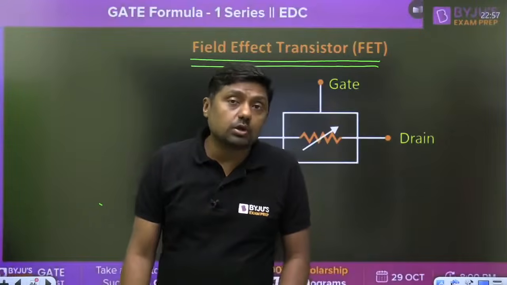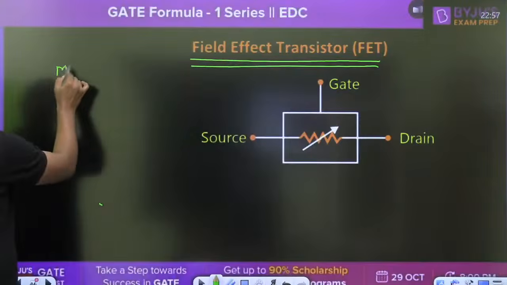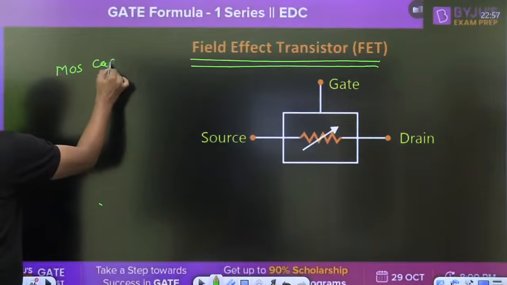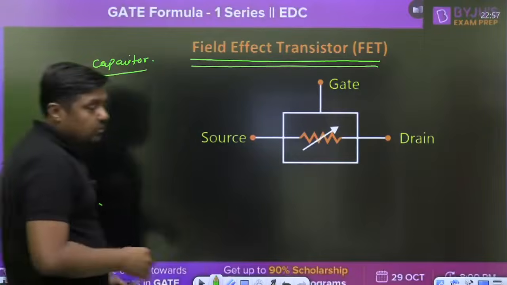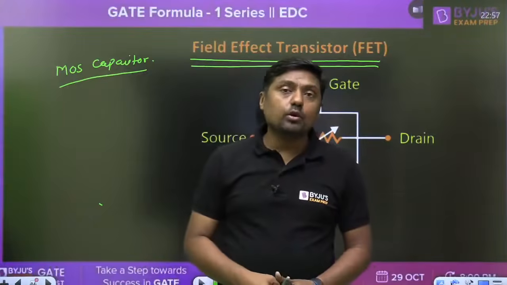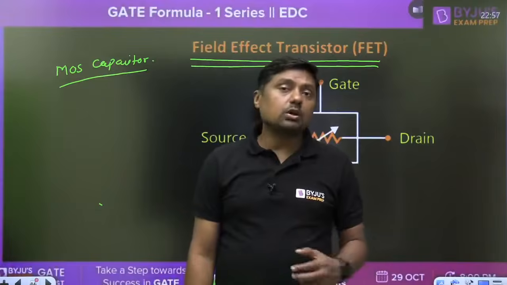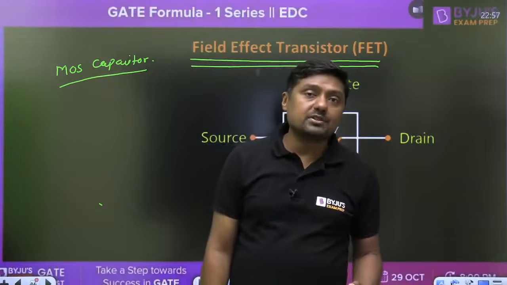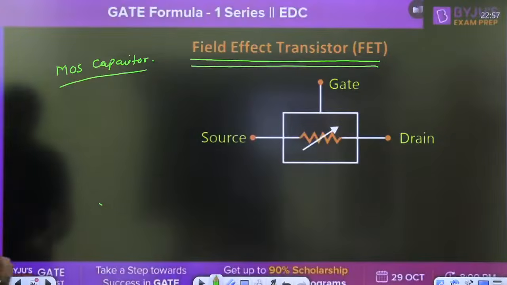Here we will discuss all the important formulas, and after that the MOS capacitor, all the different modes: accumulation mode, depletion mode, and inversion mode. Junction capacitance. We will discuss the important formulas for all the capacitances and so on. So that is about this topic.